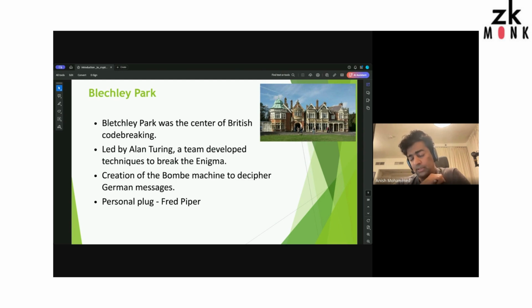One of the people closely involved in that is one of my PhD supervisors, Fred Piper. He has passed away now. If you're really interested in cryptography from a very introductory perspective, he has written a book that is incredibly good. It assumes nothing about your mathematical knowledge, but gives you a very good idea about what is happening. Can I have the next slide, please?